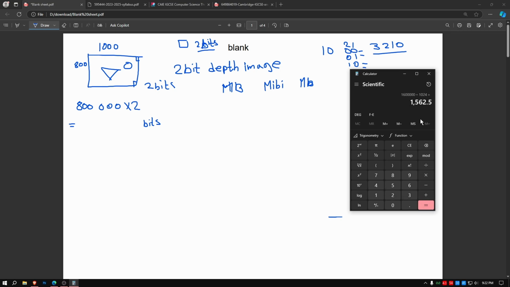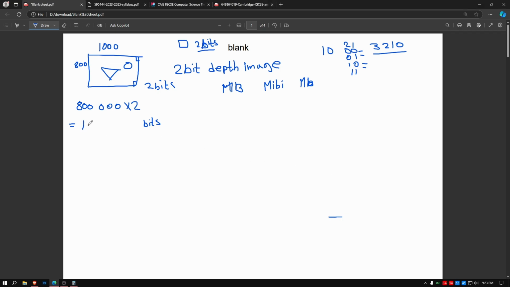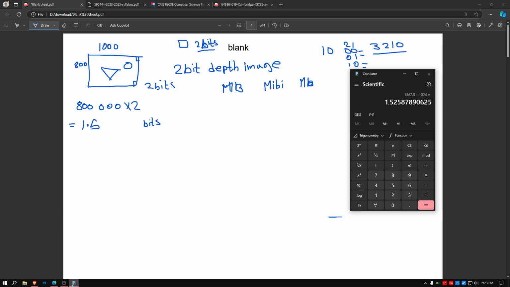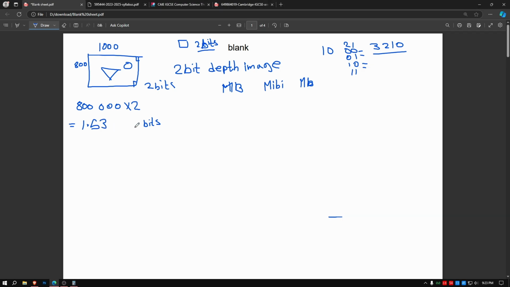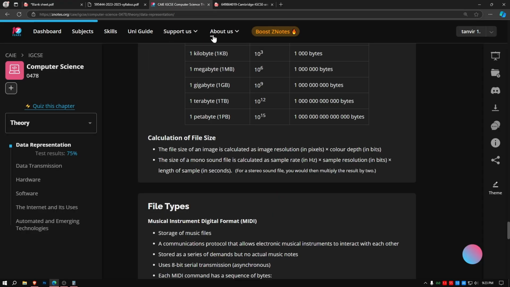So 1000 kilobits and divided by 1024 again. Now we are at mebibits. This will be your answer, 1.53 mebibits. You can throw out the rest of the decimals. And this is generally how you do the calculation.